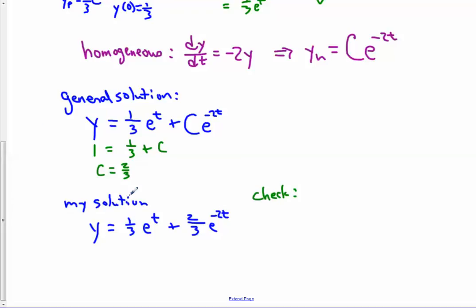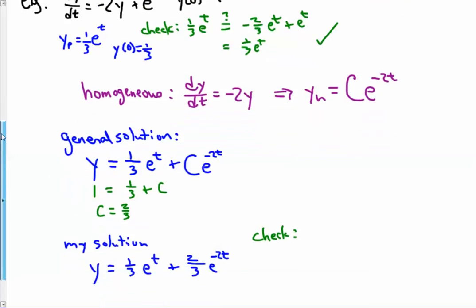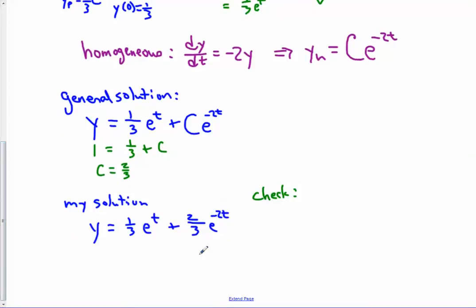Because we checked the 1/3 e to the t, but we've added a whole new term, so we better make sure that everything still checks out. So the derivative, dy/dt: the derivative of 1/3 e to the t is 1/3 e to the t. And then for the second piece, e to the minus 2t will still be there, and a negative 2 will pop out. So we'll have minus 4/3 e to the minus 2t.